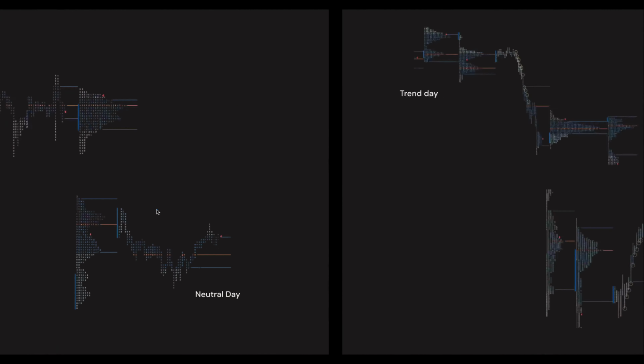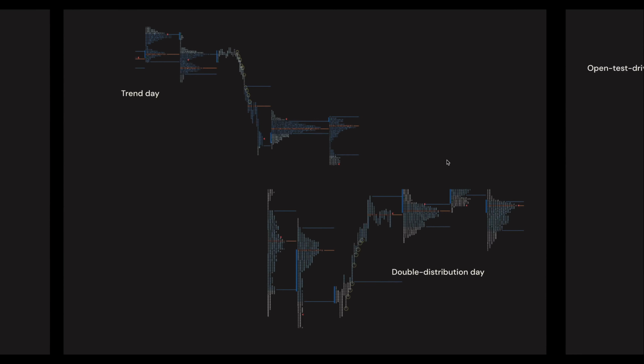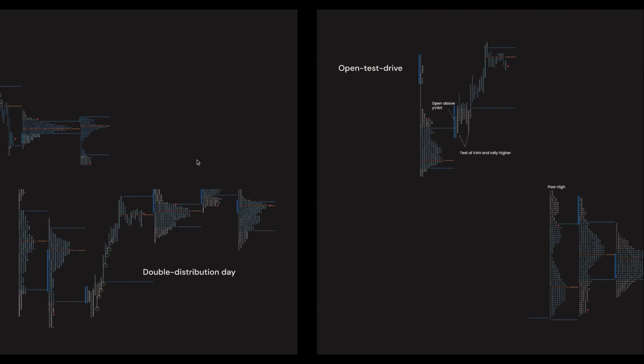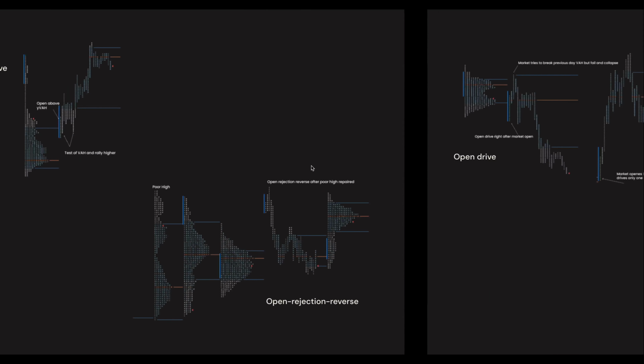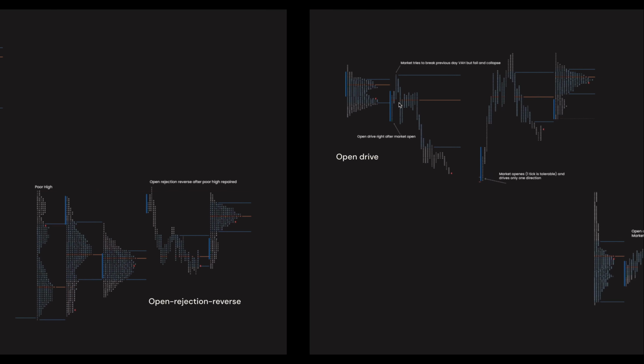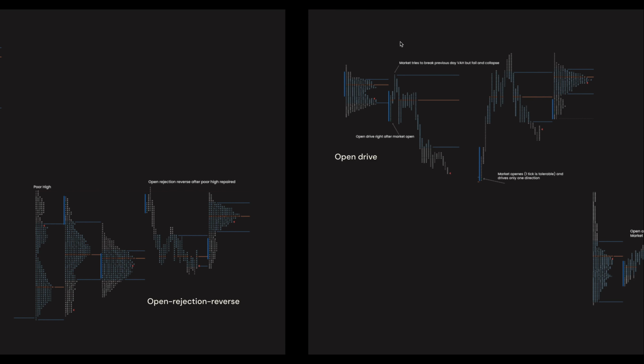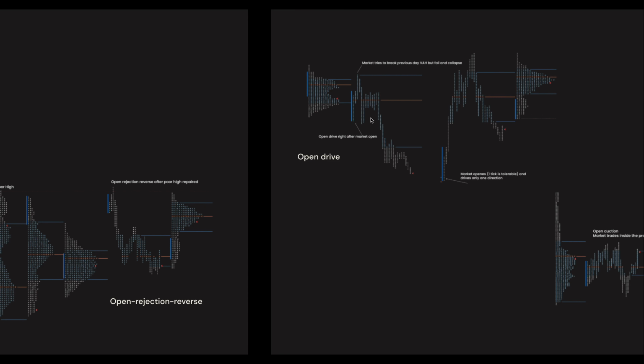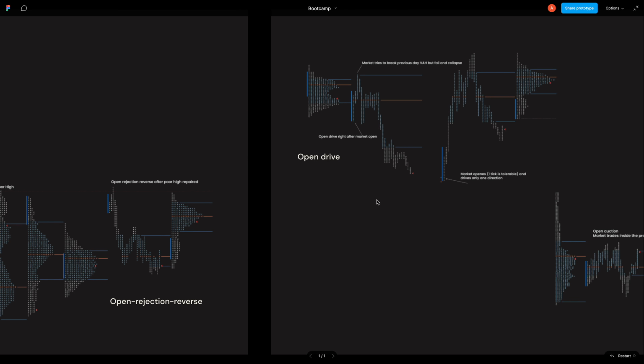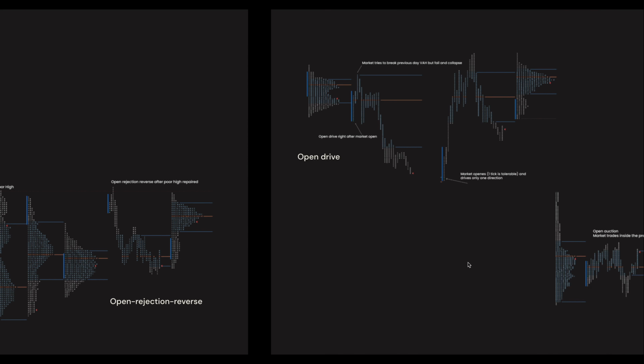Funnily enough, this is similar to the inside day, where more conventional wisdom will tell you that you should never fade the open drive, always go with the open. But in theory, market opening and going straight one direction the whole day without even ticking one tick below the open is not so likely.